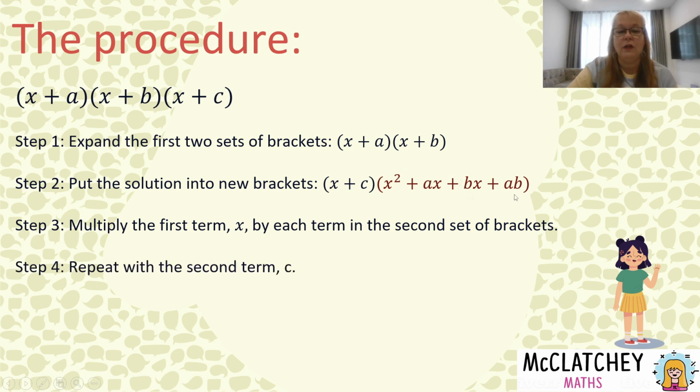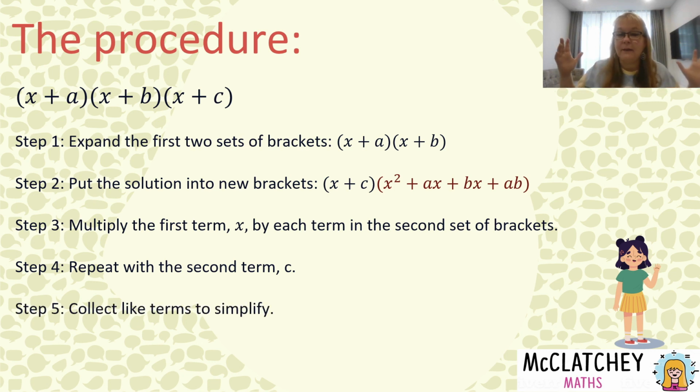And then what you're going to do is repeat the process with the second term, C. C multiplied by this, then by this, then by this, then by this. Little thing to remember, the sign in front goes with the term afterwards. So if this is a minus, it goes with this one here. And all of our rules for multiplying negatives are also things you need to keep up in the top of your head. Once you've done that, you're going to have a long answer. You're going to collect any like terms to simplify, and that is basically our procedure.